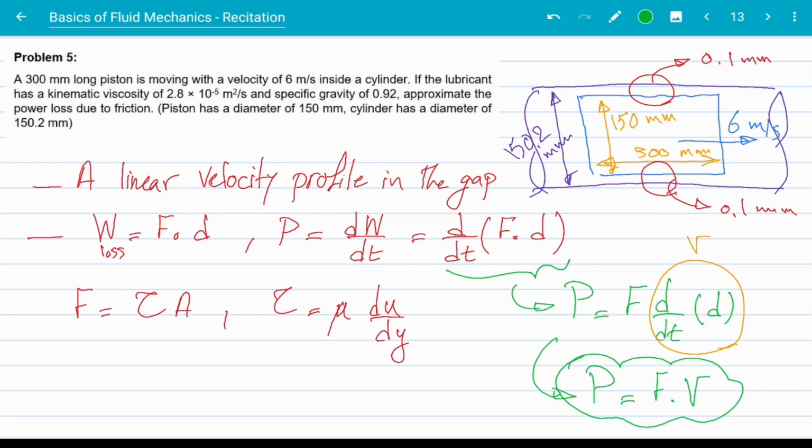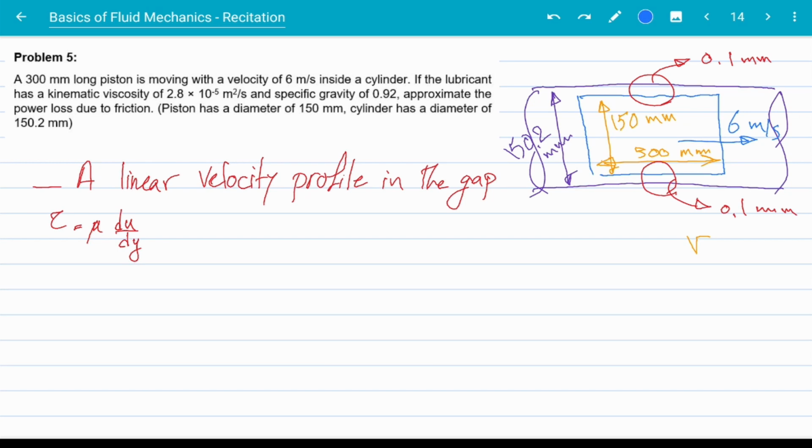So this is the equation that we are going to work with. Now here, the velocity of the piston is already known, 6 meters per second. The only unknown is the F. In order to find F, I need to find the velocity gradient. So zooming on the gap again, I have this piston moving to the right with a velocity of 6 meters per second.